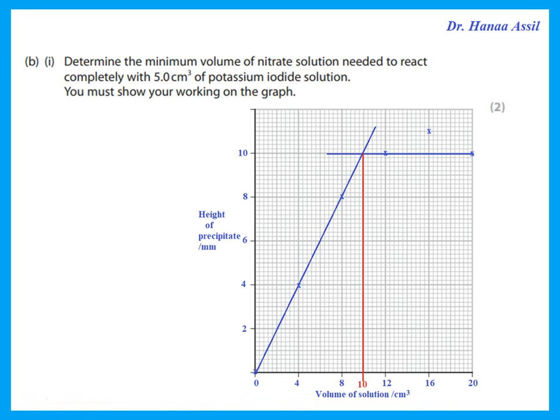Well, from the graph, that is where the two lines meet. So this graph says that when I added 10 centimeter cubed of the nitrate, that gave me the highest height of precipitate. I couldn't get any more precipitate. So this is the volume of nitrate needed to react with the potassium iodide.